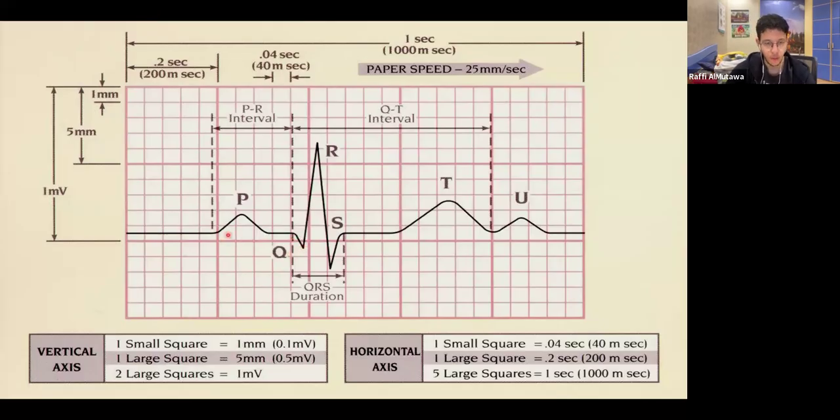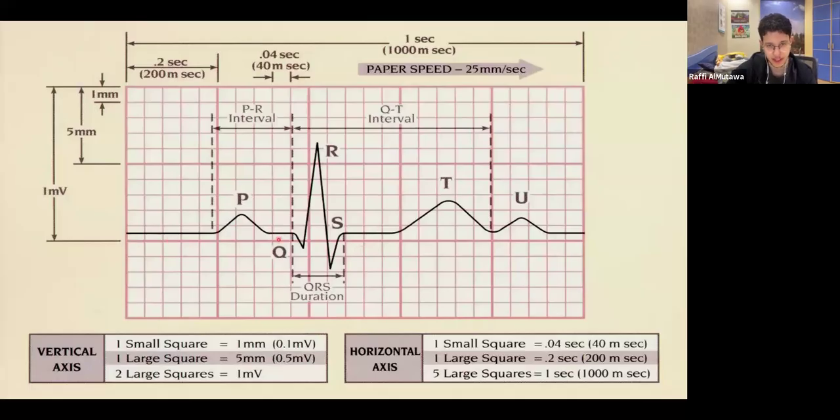5 small boxes or 5 small squares make one big square. 5 times 0.04 is 0.2, so this is 1/5 of a second. What would a full second look like? 5 big boxes, because 5/5 of a second is 1 second.